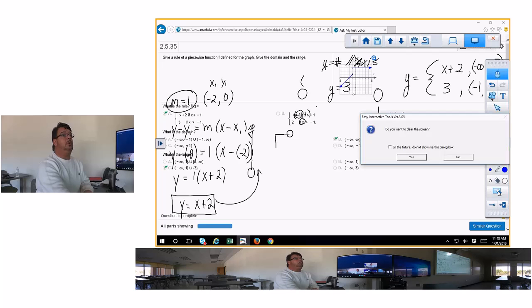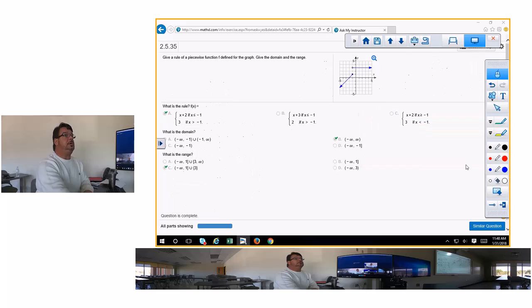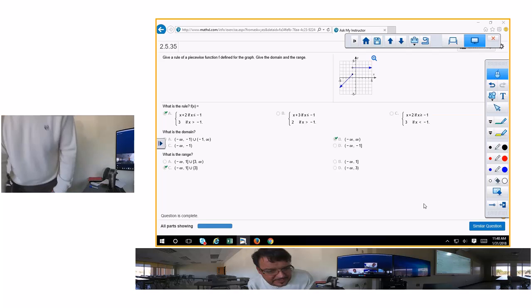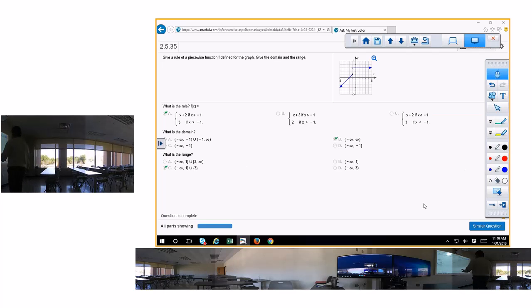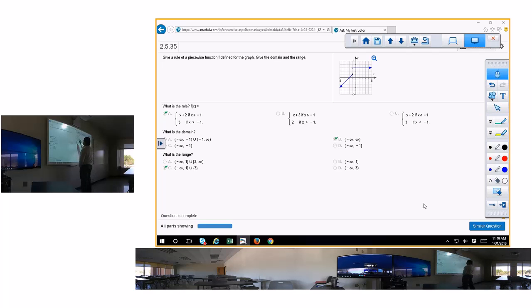Okay? So again, you're doing a lot of analyzing of the graph and telling what the features of the graph are. You got to find the equation of this line because it's slanted.